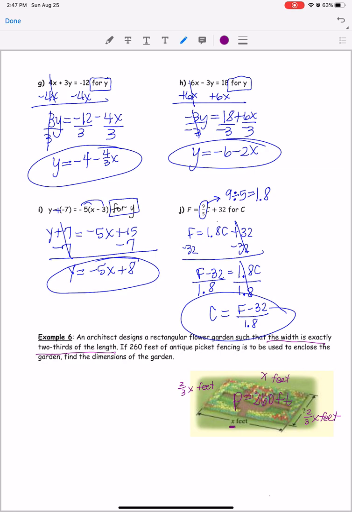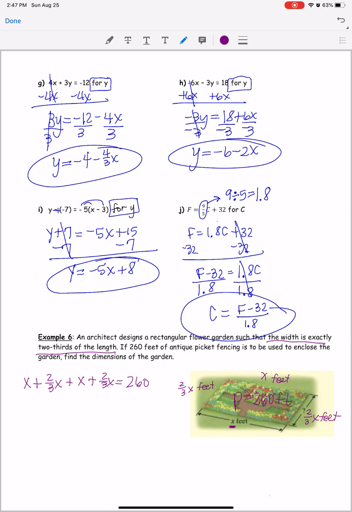So perimeter means add up all the sides. So I've got X plus 2/3 X plus X plus 2/3 X. And that equals my perimeter. My perimeter is 260. So combined, you can really add up all of these. They're all X's.